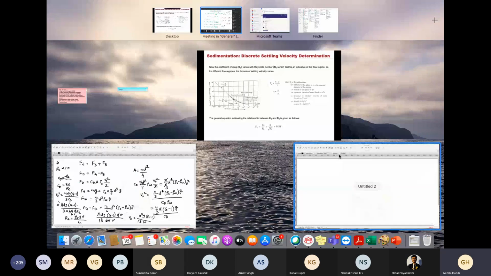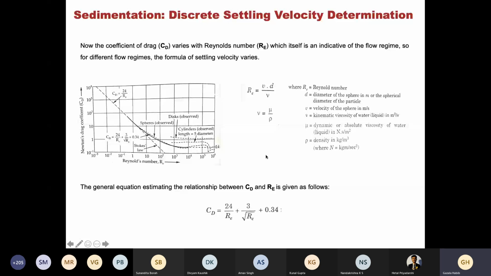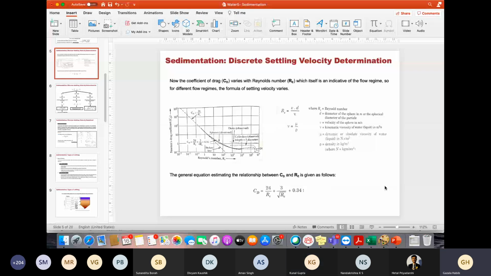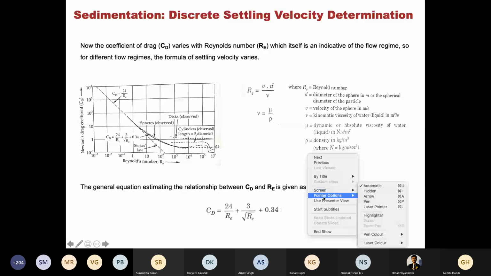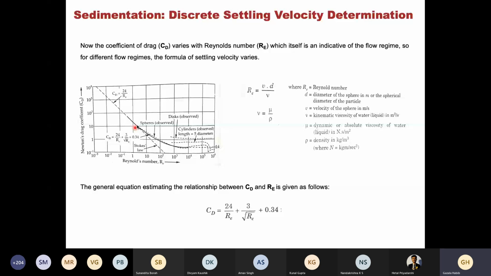Okay. So CD is given by, here you can see the CD I have written. Can you see the slides now? Yes, ma'am. Okay, so here you can see a graph on the left hand side. In the Stokes region, when the Reynolds number is less than 1, the CD can be given by 24 upon RE.